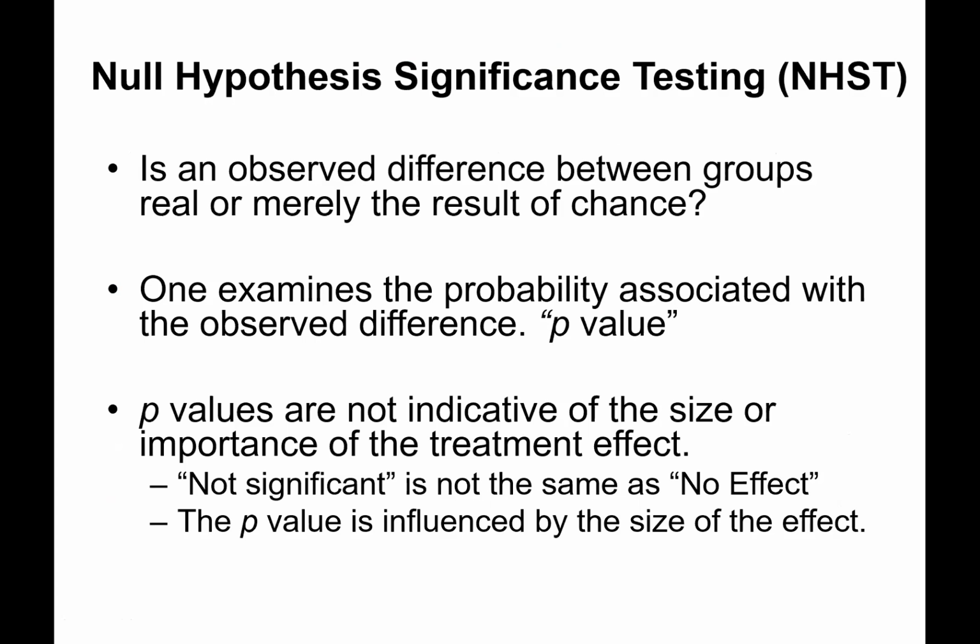So here we test this probability, which we call the p-value. But here I want to emphasize the p-value is not indicative of the size or importance of the effect. So no significance does not mean no effect.